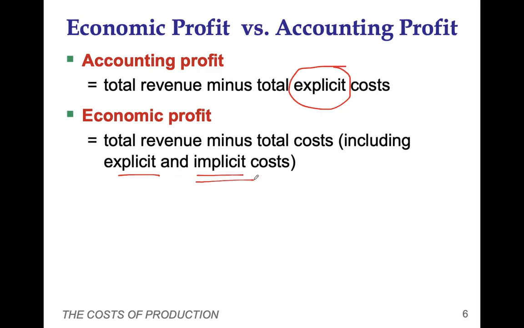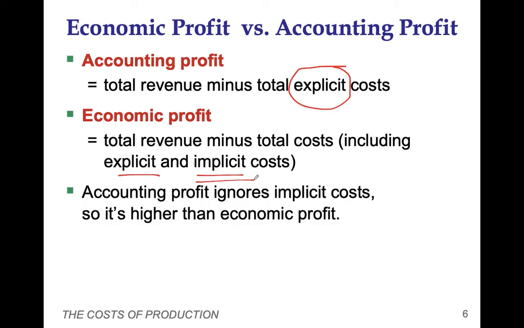So economists include the costs that underlie cash payments of money, and also the costs that are not based on cash, such as the implicit costs. So accounting profit ignores implicit costs, so it should be higher than economic profit.